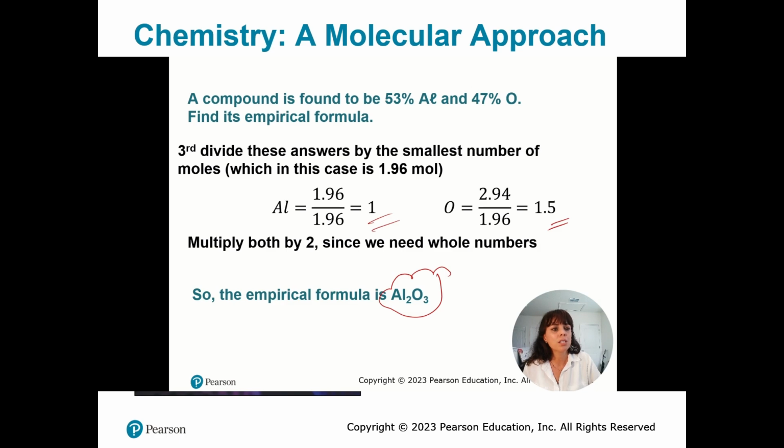Aluminum 2, oxygen 3. Those subscripts over here, you will never change. If it tells you that I have 2 Al2O3, I have 2 molecules of this. I cannot multiply again and say, okay, this is what I have. No, this is a completely different monster.